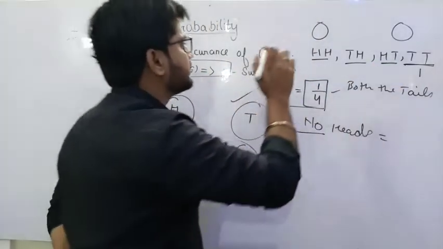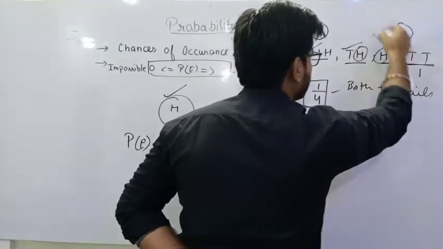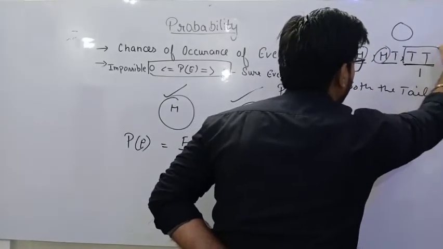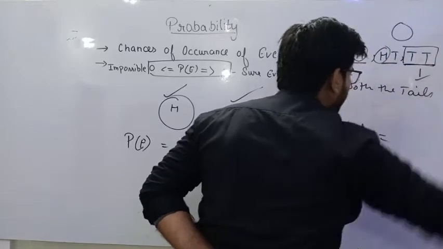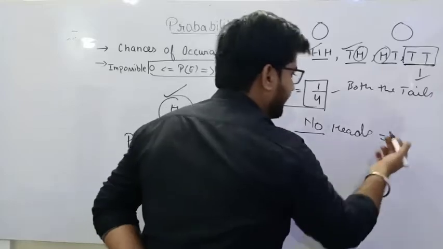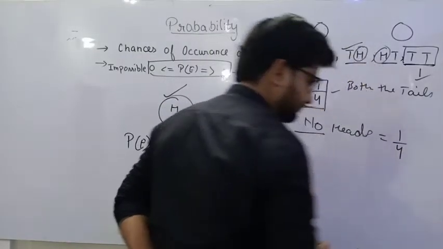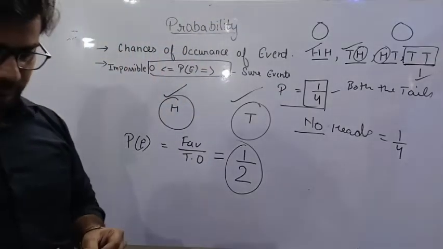You can calculate it. There is only one favorable outcome for no head. The probability of no heads while tossing 2 coins also will be 1 upon 4.